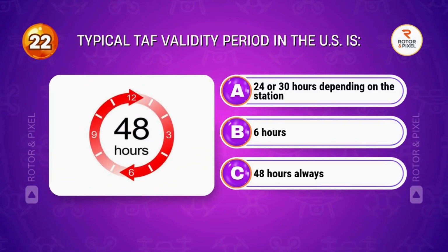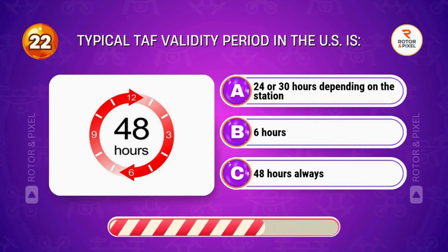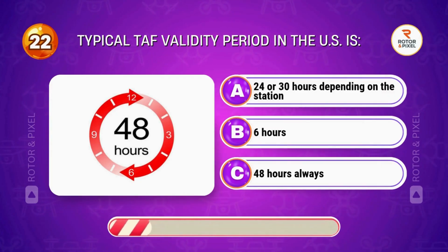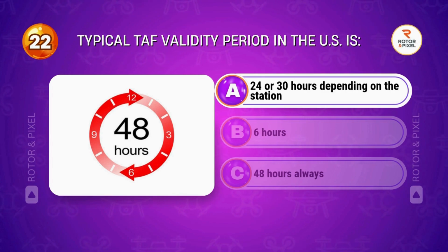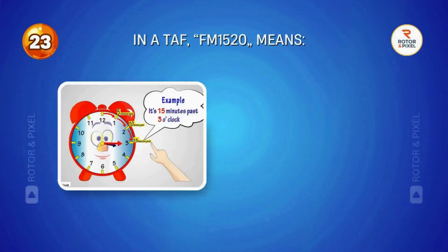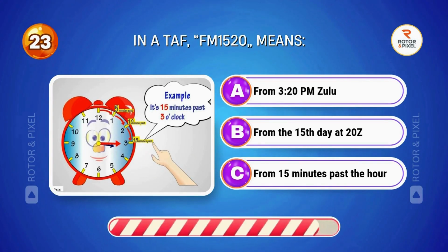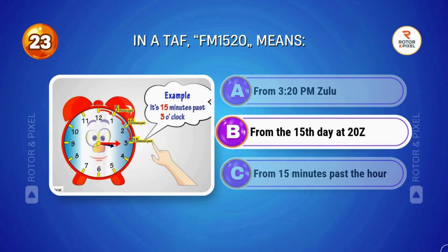Typical TAF validity period in the US is... Answer A, 24 or 30 hours depending on the station. In a TAF, FM1520 means... Answer B, from the 15th day at 20.